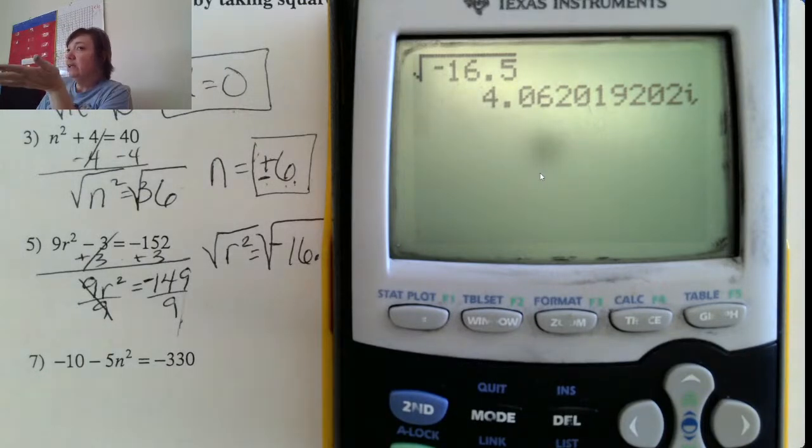Now, here's the deal. You can't take the square root of a negative number, because square root means what number times itself, right? And a negative number comes from a positive times a negative. And a positive times a negative is not a number times itself. That's two different numbers. So you can't actually take the square root of a negative number.